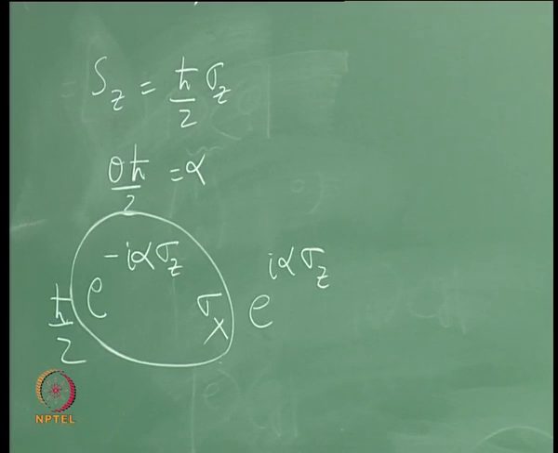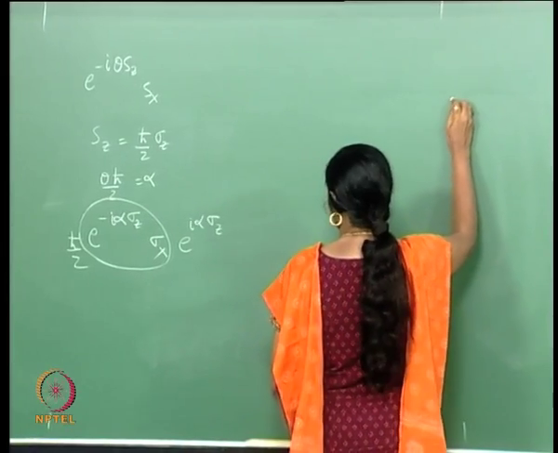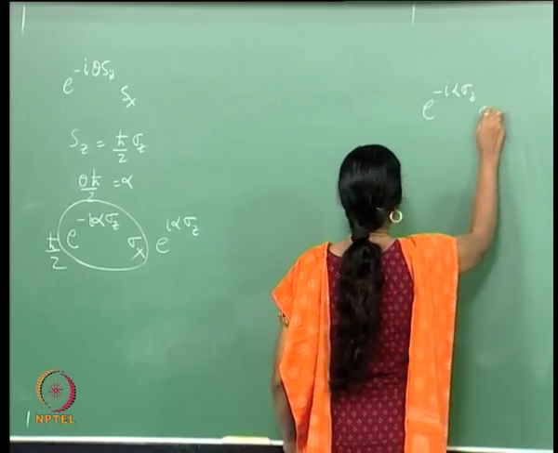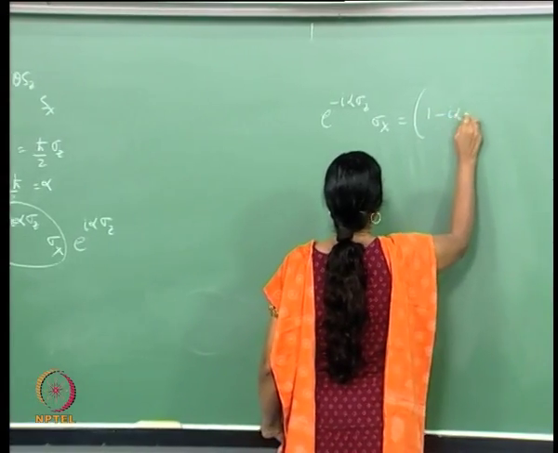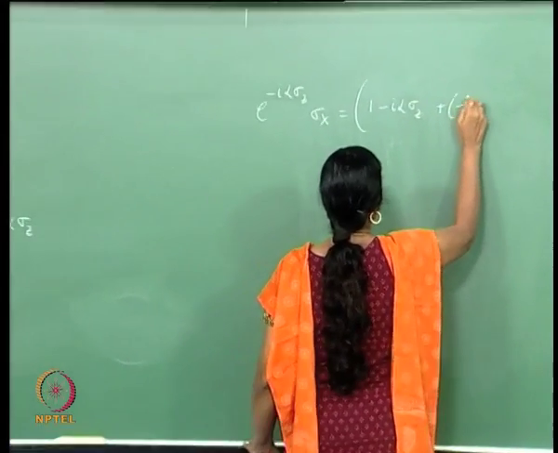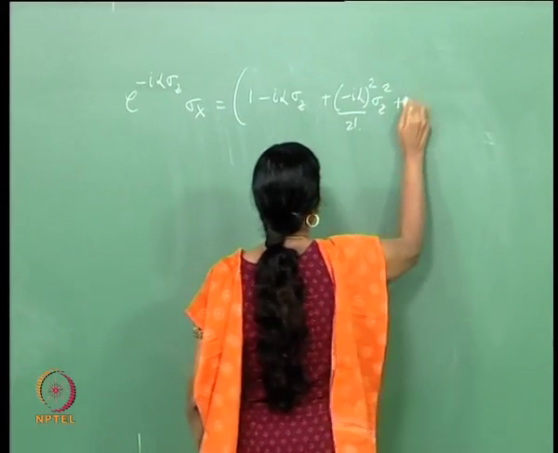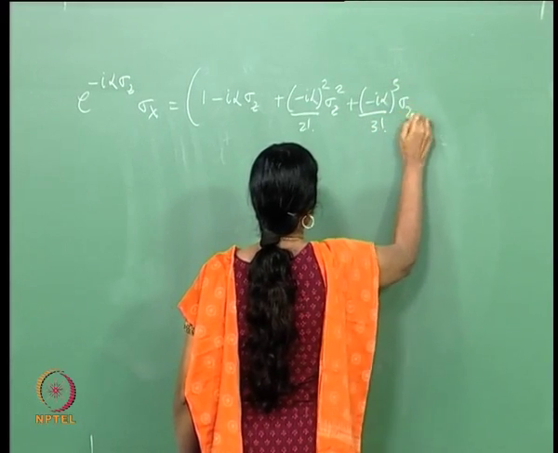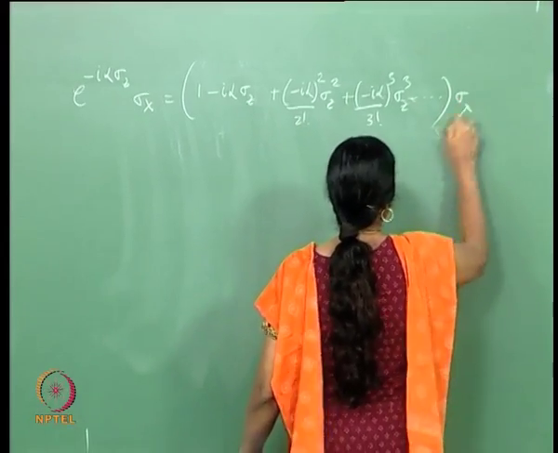I can make a series expansion of the exponential. So e to the minus I alpha sigma z sigma x is simply 1 minus I alpha sigma z plus minus I alpha the whole squared by 2 factorial sigma z square plus the next term and so on, and this multiplies sigma x.